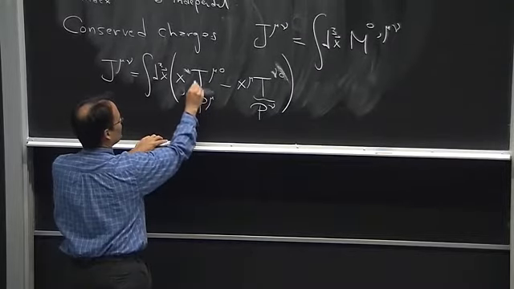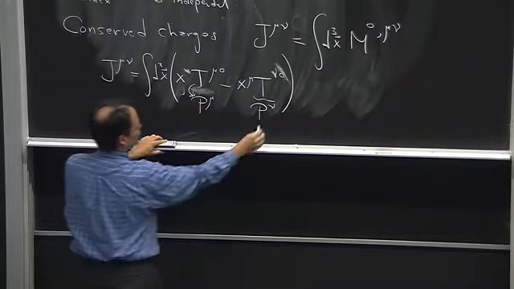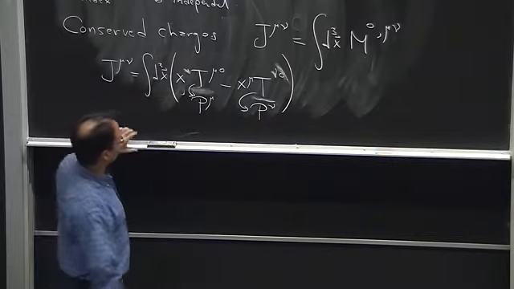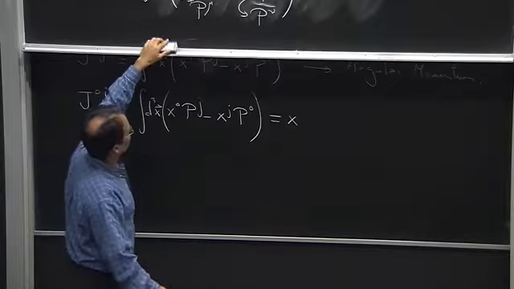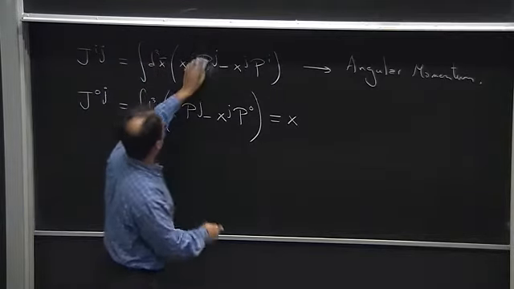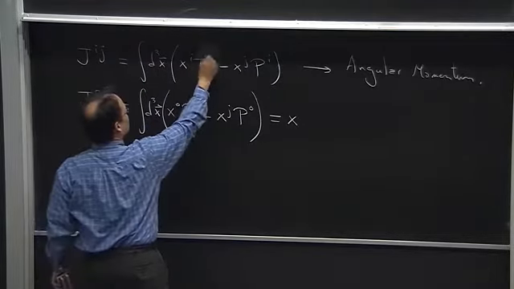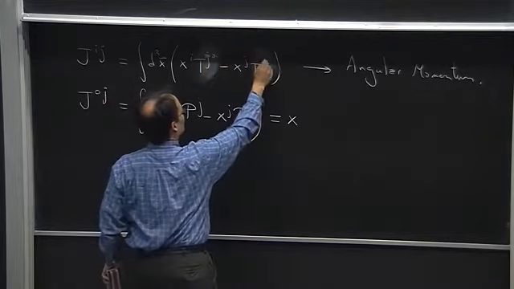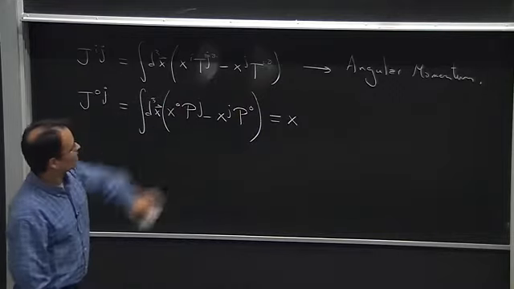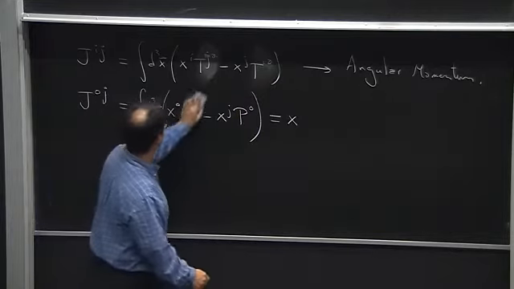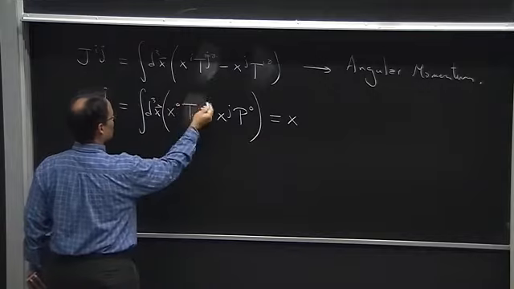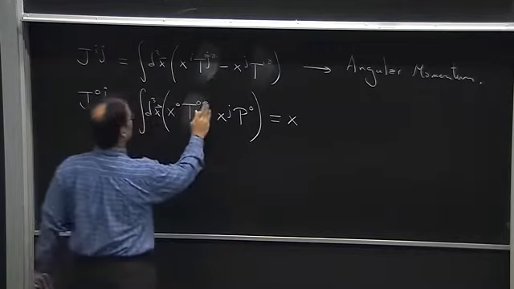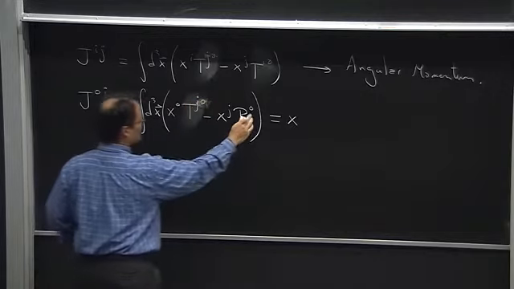So it's better to say that this is related to P, and therefore we can interpret this, in this case, it has interpretation of angular momentum. In this case, I have T0J, or J0, and here I have T00.